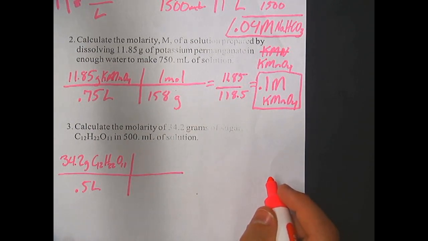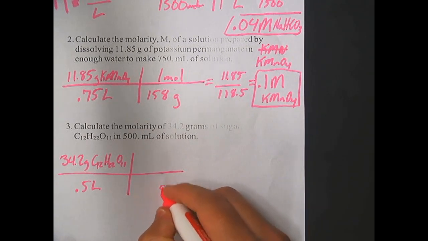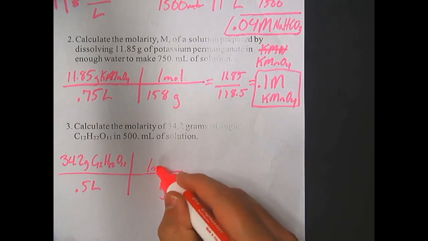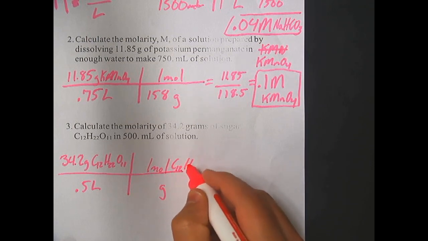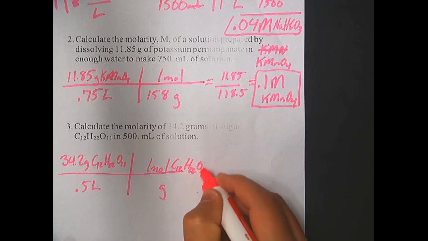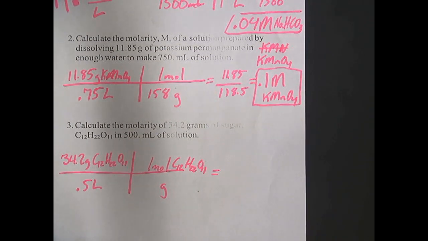All right, so we got to get those grams and turn them into moles. So grams will be down here. We're going to use the molar mass of this compound, C12H22O11. It's going to have a decent mass, right? So carbon is 12, so 12 times 12 is 144, plus 22 from the hydrogens, one each, right?